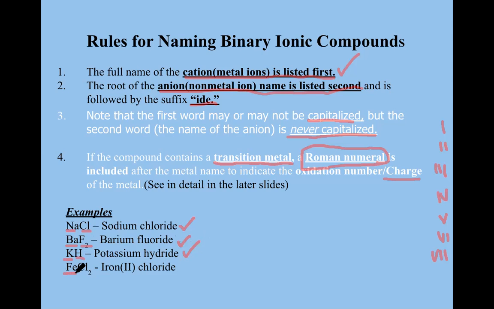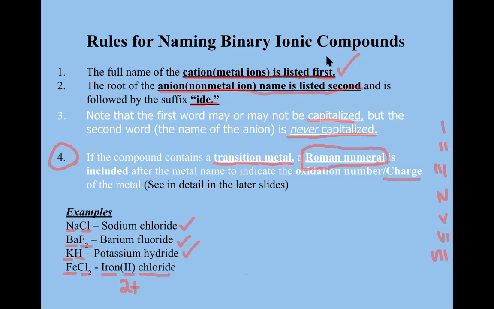Then iron and chlorine. Chlorine becomes chloride. Do you remember, in the fourth point I mentioned, when you have transition elements, you will see a Roman numeral after the name of the metal ion. The Roman numeral shows the charge of the ion. Here the charge of the ion is 2 positive.